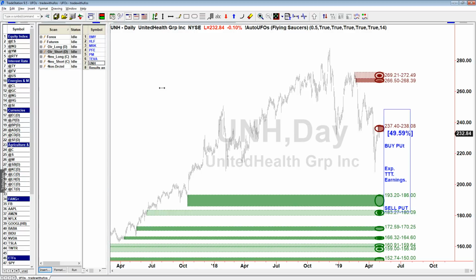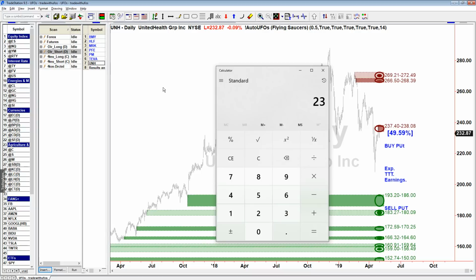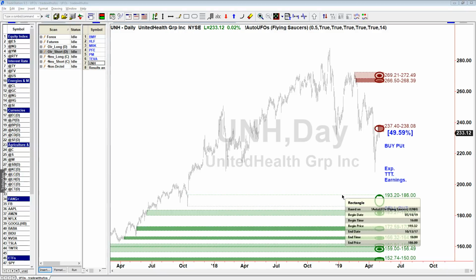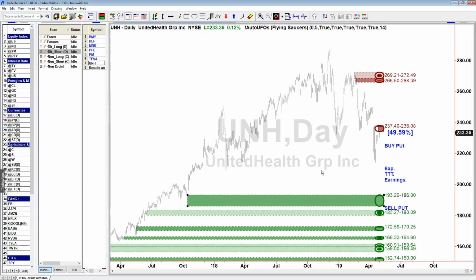So for the TTT, we're just going to grab a calculator. We're going to look at the current price, 232.87. We're going to look at the target price, which, by the way, I didn't type what the target would be. So the target would be the top of this box, which is 193.32.